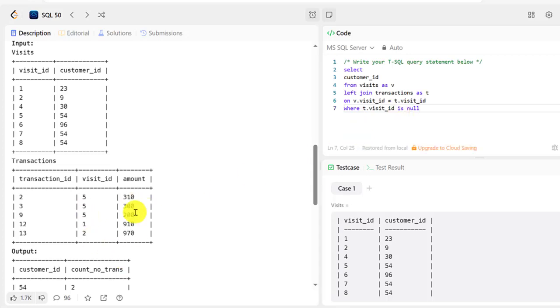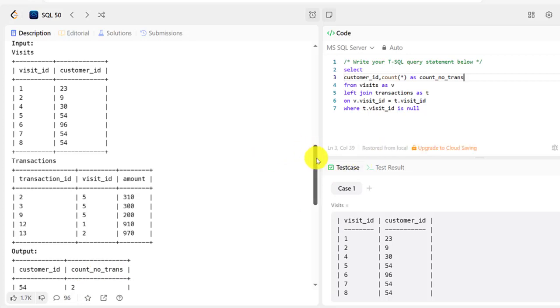So we are excluding all of these. And then, okay, we have to count the number of transactions. So I can just count the number of records here. So I can just do count star, and then I'm just gonna call it count_no_trans, like in this example.